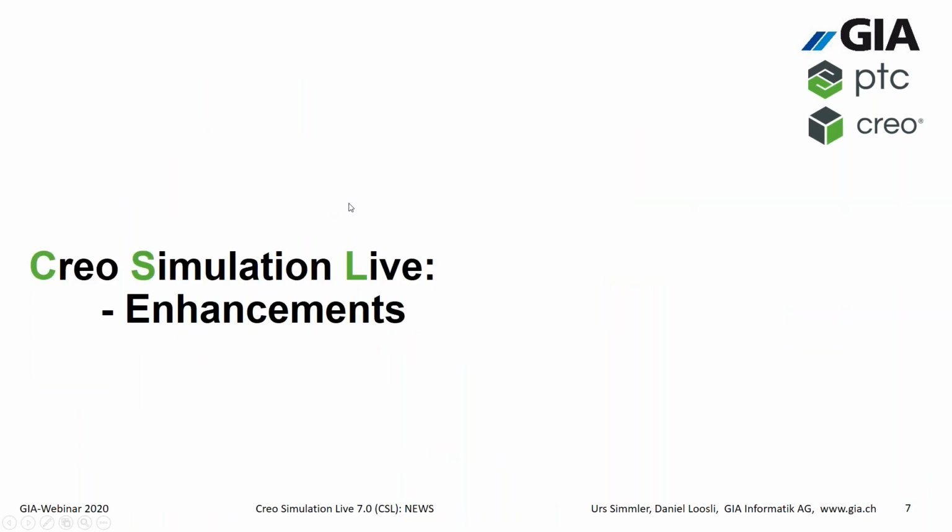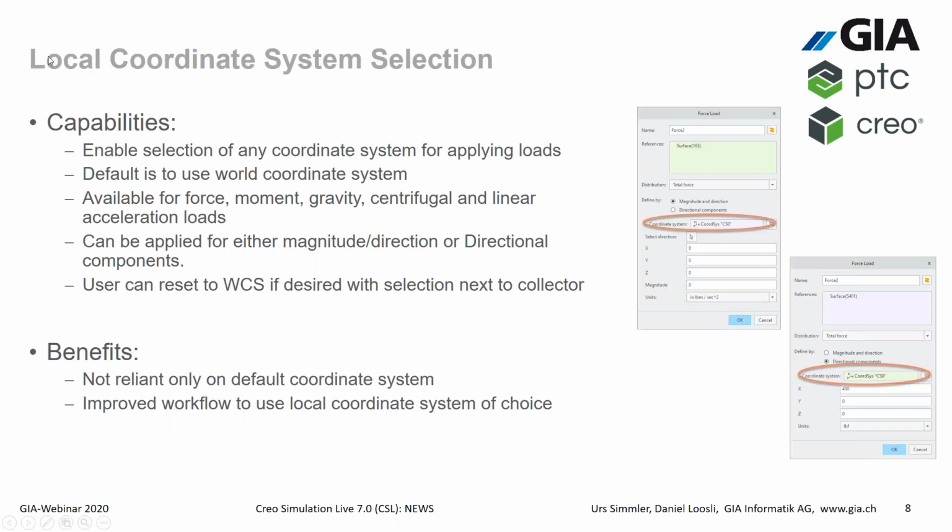Then let's have a look at the Creo Simulation Live news. These enhancements are available in Creo 4, 5, and 6, and of course also in Creo 7. These enhancements are extending the capabilities, so it's easier to define loads and constraints with the help of user-defined coordinate systems.